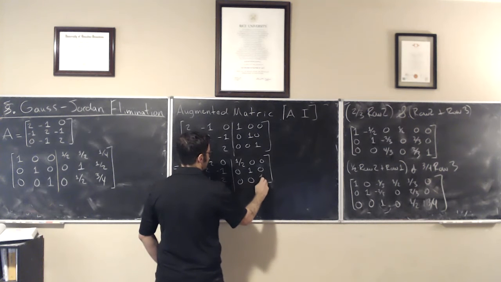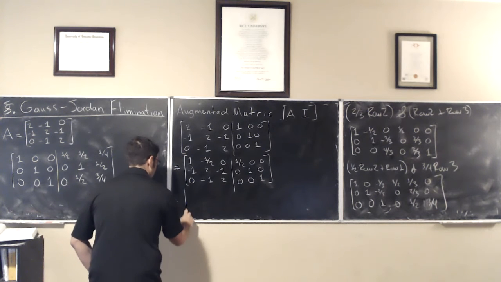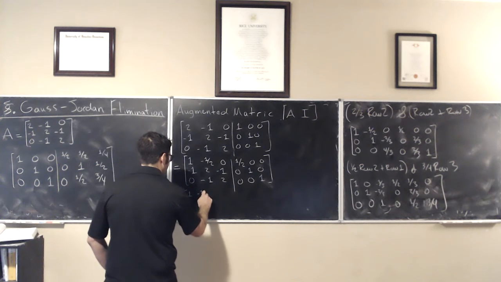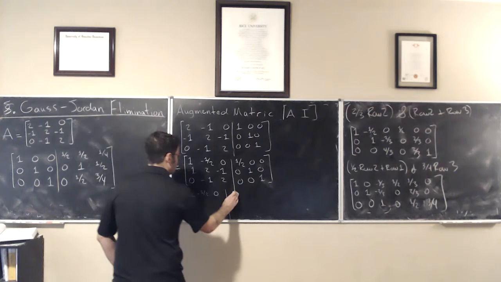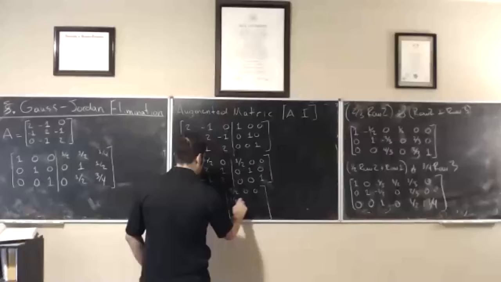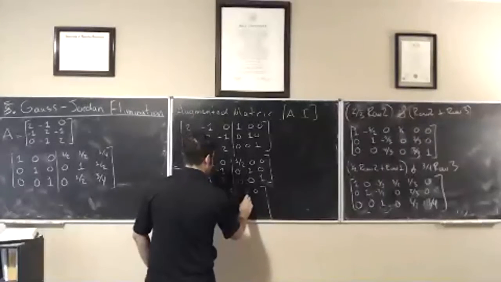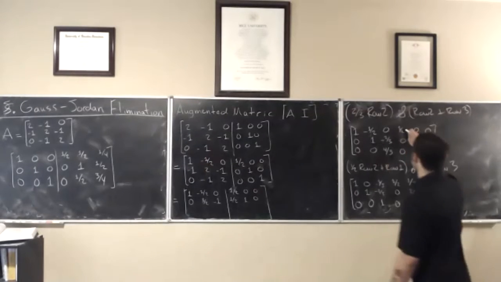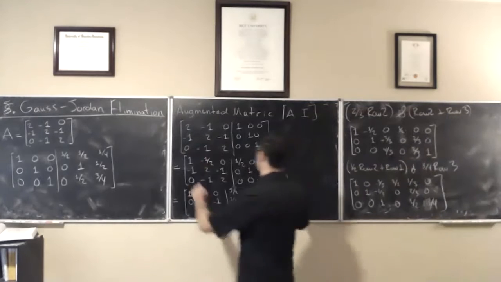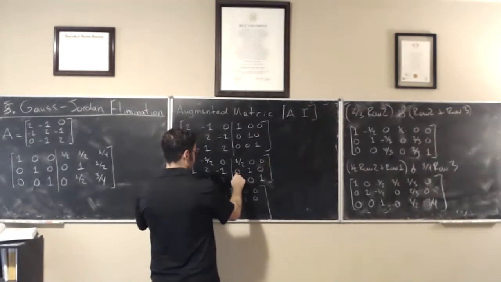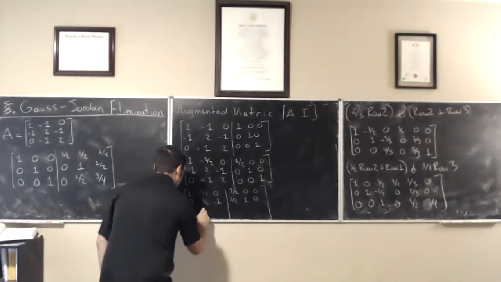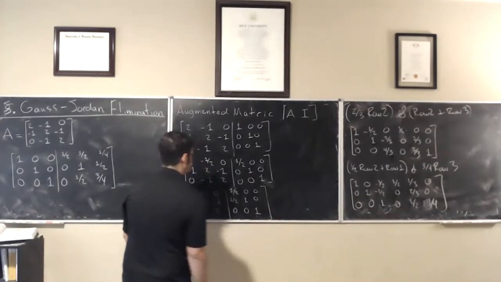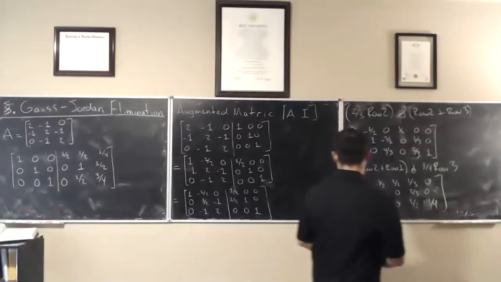All I did was multiply the first row by a half. Now I'm going to add row 1 and row 2. So that means that row 1 stays the same. I already caught one of the mistakes. I see a half there, and there's not a half there, but there should have been, because I'm adding this row with that row. That 1/2 goes there. Didn't do anything to the last row.